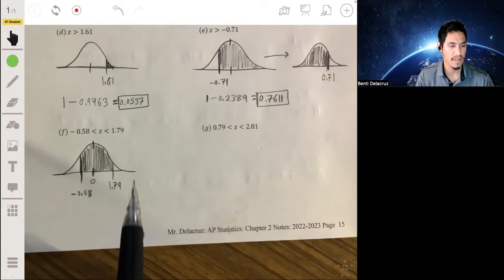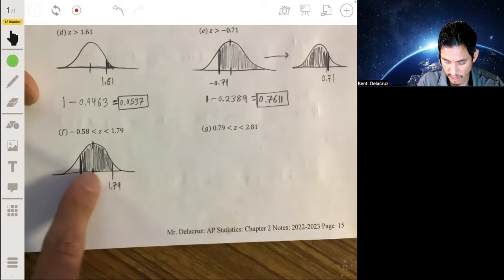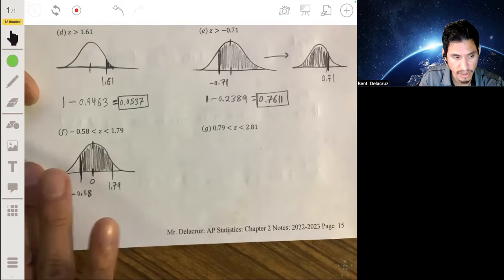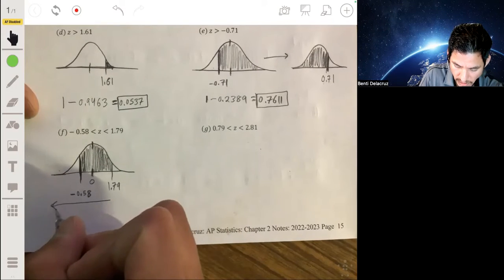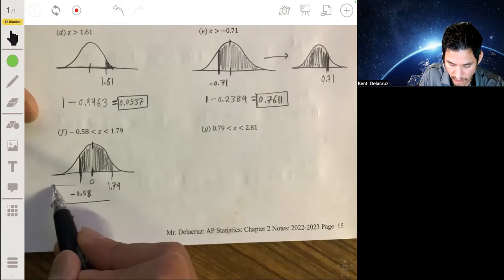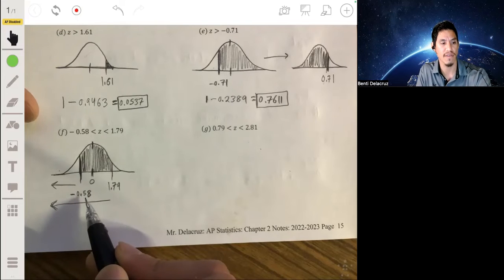One way you can go about it is to find the area to the left of 1.79, because that's going to give you everything, from here to here. And then from that, subtract the area to the left of negative 0.58.